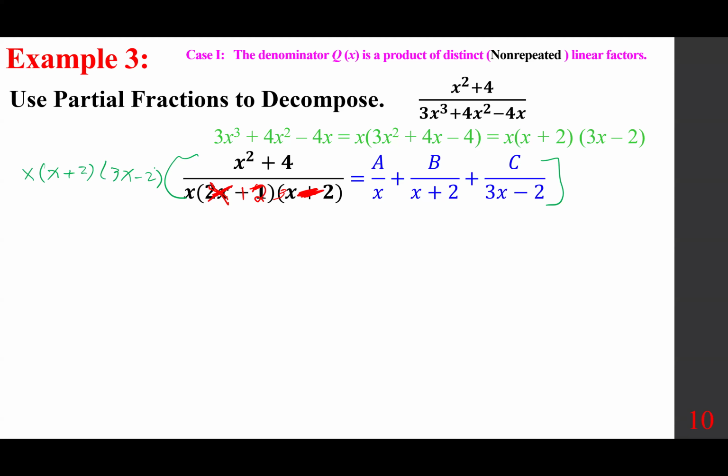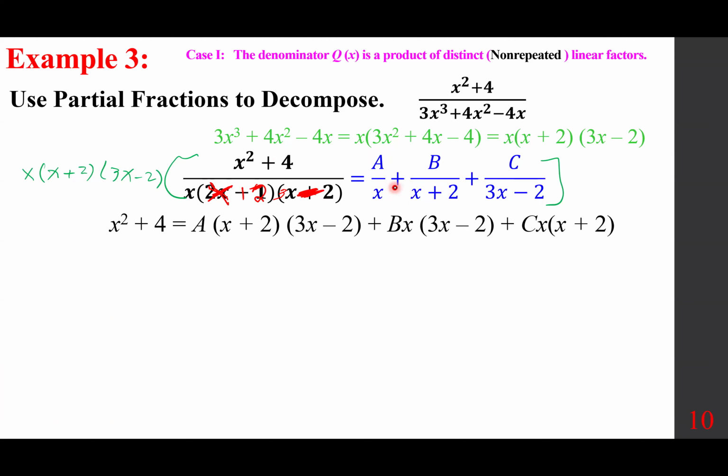So the left side, if I multiply by this, comes out as x squared plus 4. This becomes A times x plus 2 times 3x minus 2, plus B times x times 3x minus 2, plus C times these two, x and x plus 2. This is fairly basic. I hope everybody's okay with that.